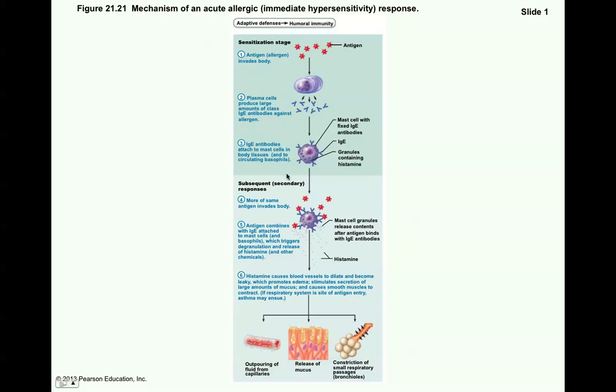The IgE antibodies attach to mast cells in the body tissues and any kind of circulating basophils. And these actually will release lots of histamine. And so that can cause a lot of vasodilation and an allergic response.